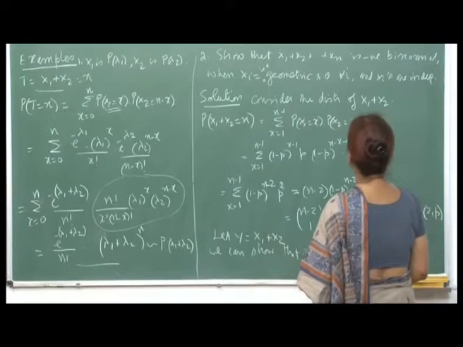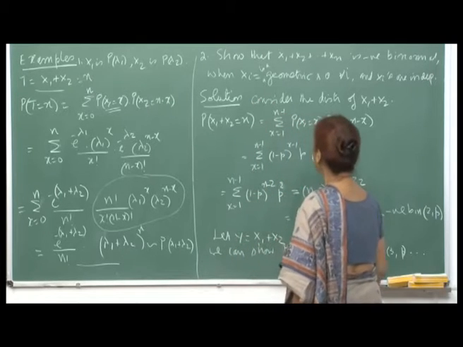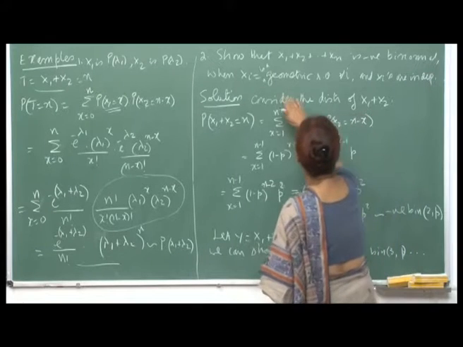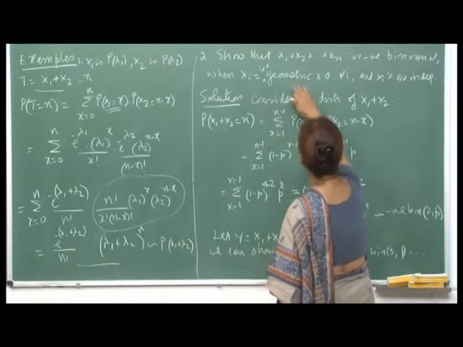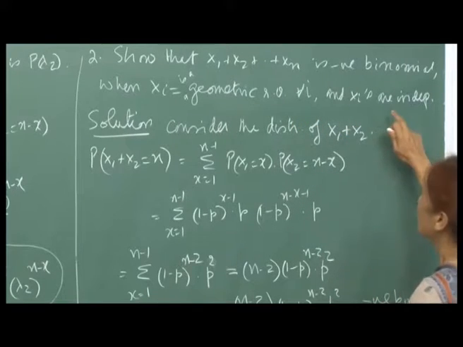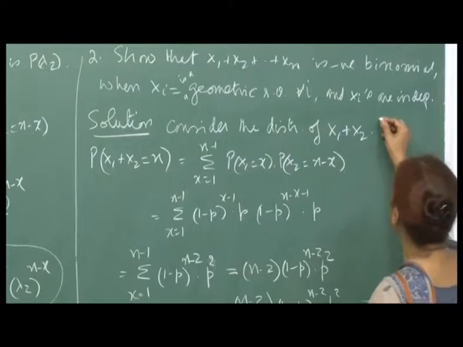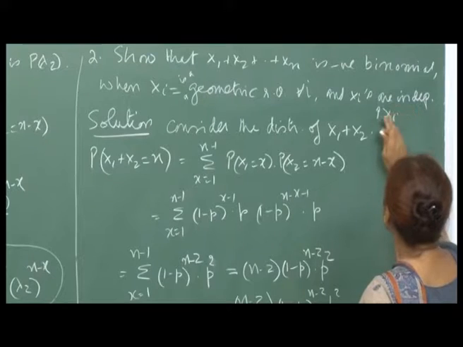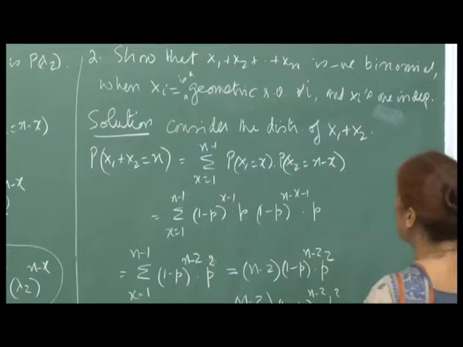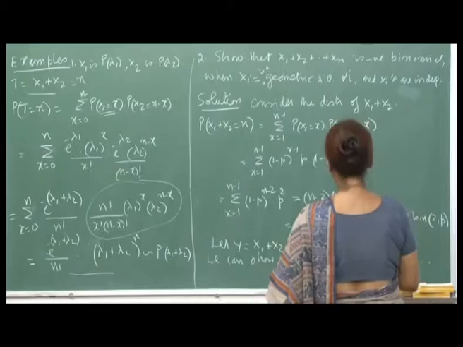And so, here now we are extending this concept to the sum of more than 2 independent random variables, where the X_i's are, I could have straight away said, independently identically distributed geometric random variables with probability of success p.